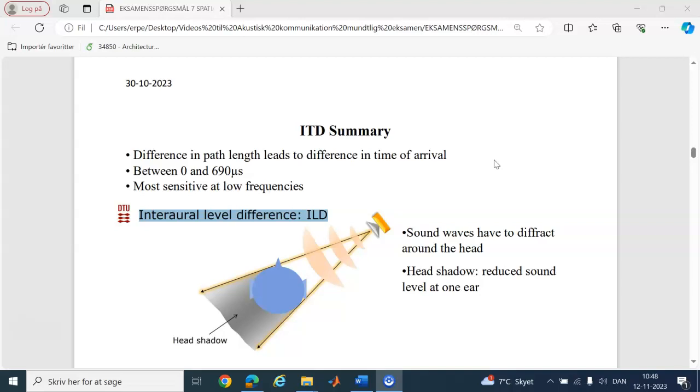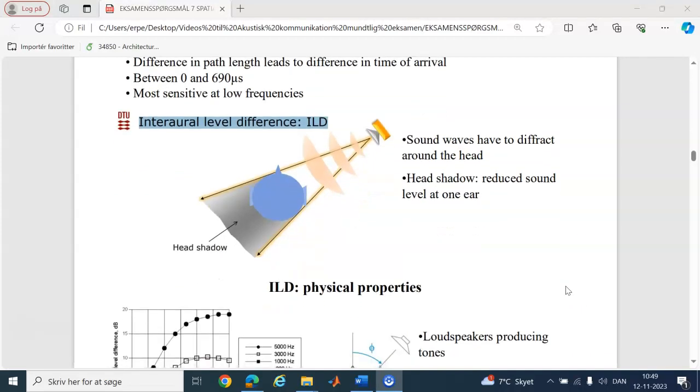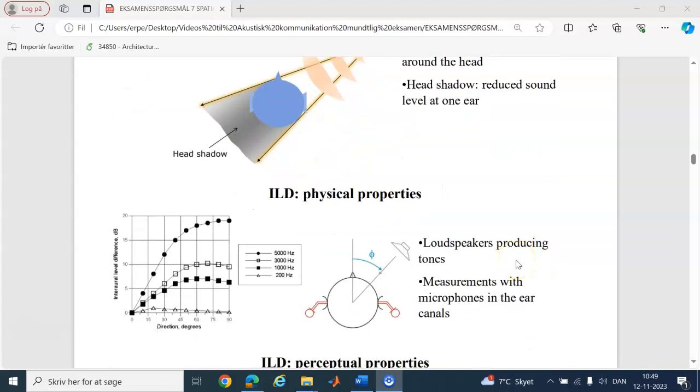Then we have the interaural level difference, ILD. It means that sound waves have to diffract around the head. The head shadow reduces the sound level at one ear.